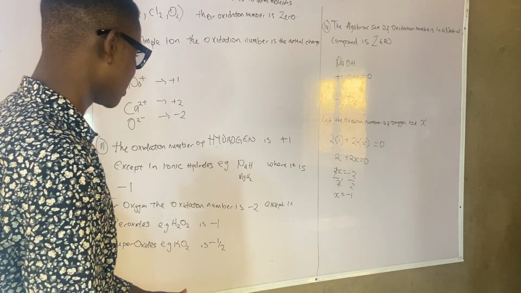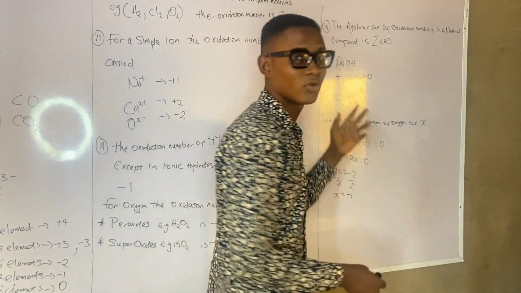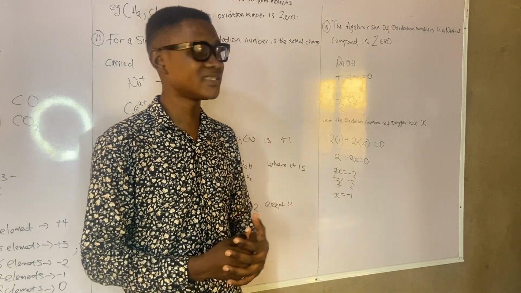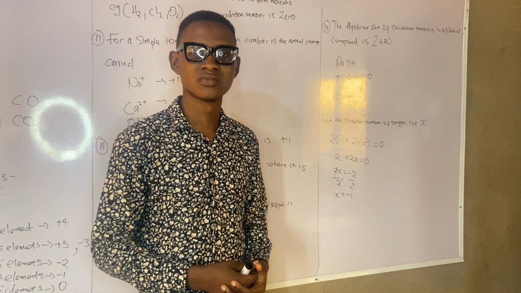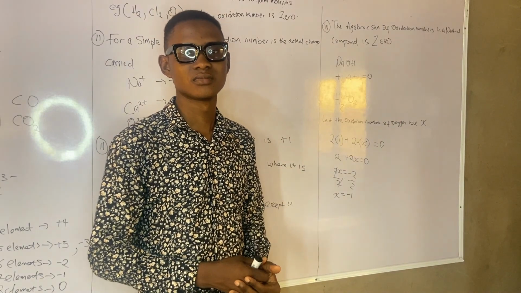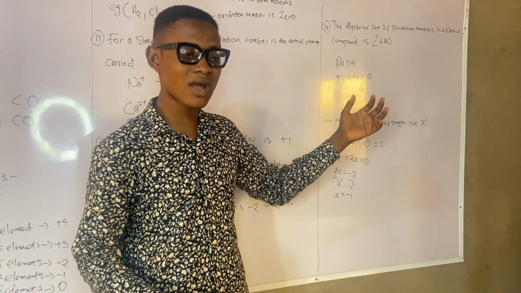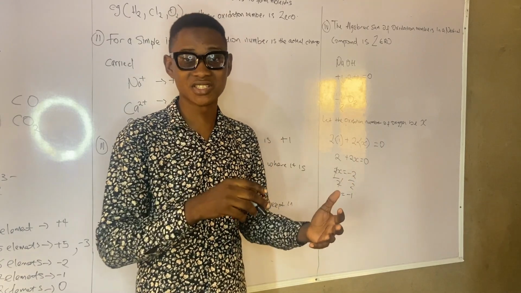And also, the algebraic sum of oxidation numbers in ionic compounds is equal to the charge carried by the ionic compound. Do you understand? So it's very, very simple. When we look at compounds that are ionic, they are carrying charges on them.